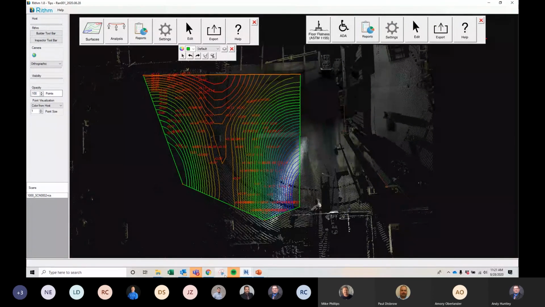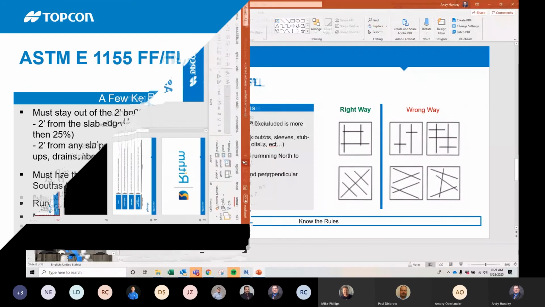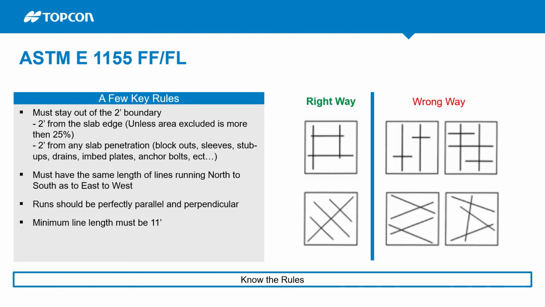The next thing I want to show you guys, I'm going to come back to the PowerPoint, is FFFL. Many of you guys are not familiar with this, but there are some rules that we had to follow with it. These rules are set in stone rules that ASTM has set out in their specs book.